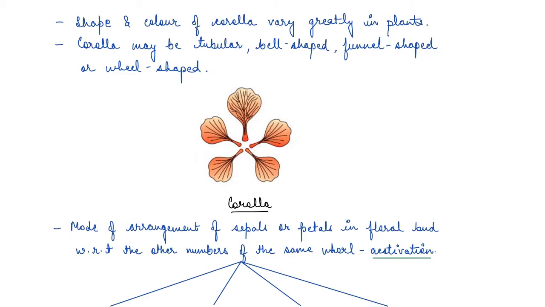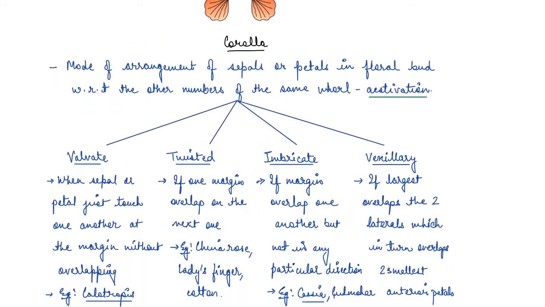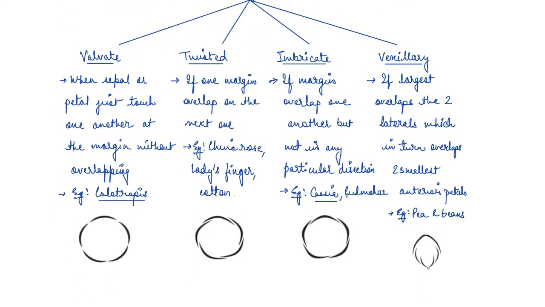Estivation is basically the mode of arrangement of sepals or petals in the floral bud with respect to other members of the same whorl. It can be of four types: valvate, twisted, imbricate, and vexillary.